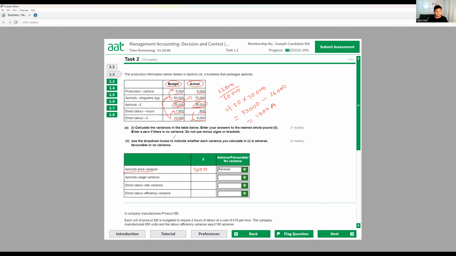The next one we have here is the apricot usage variance. Now the usage variance is all about the quantity. Remember that the usage variance is not about the price, it's all about the quantity.